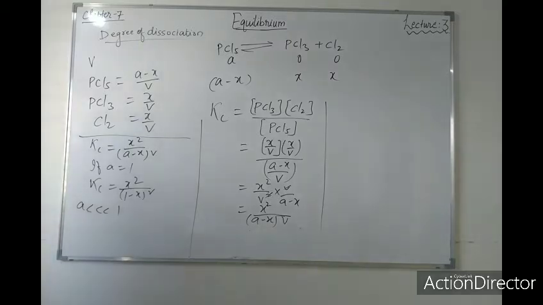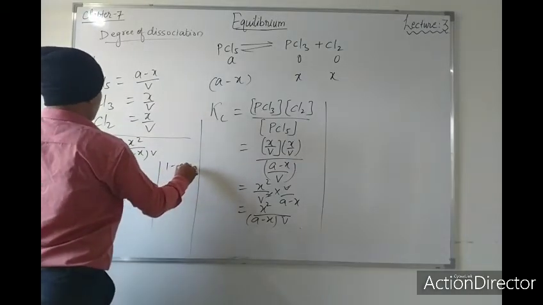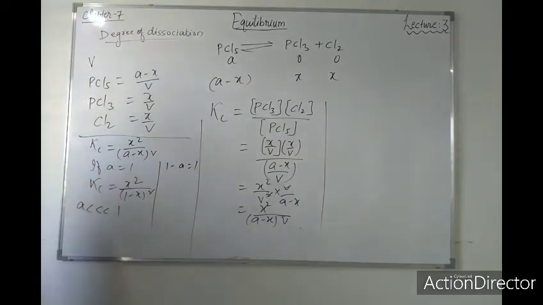Can you see or not? Tell me, 1 minus x is equal to 1. If 1 minus x is equal to 1, then what will be the value?